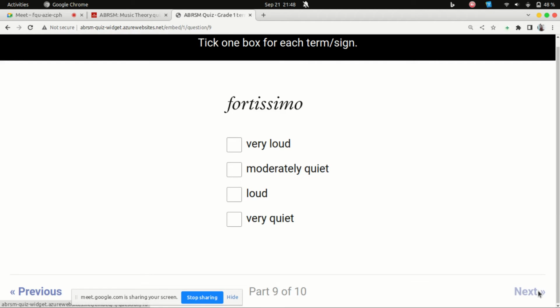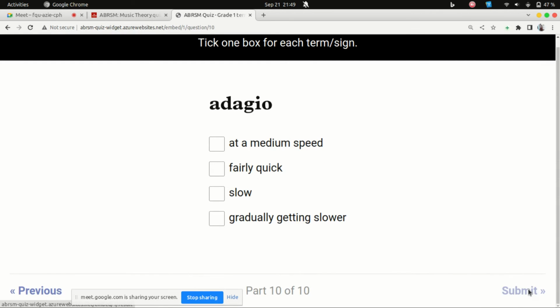Fortissimo. It's supposed to be very loud. Adagio. Adagio is slow.